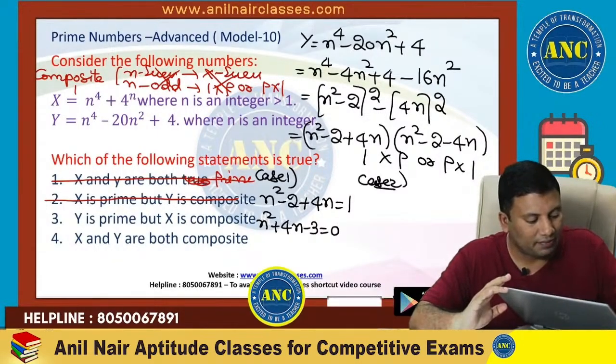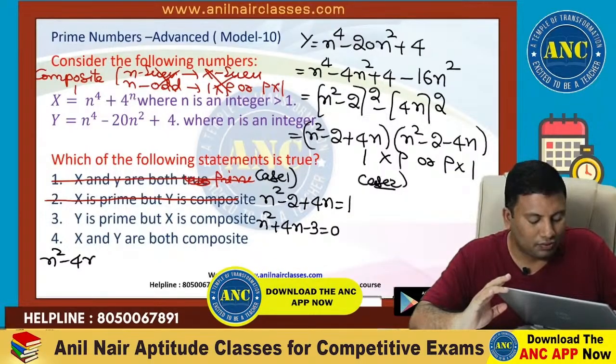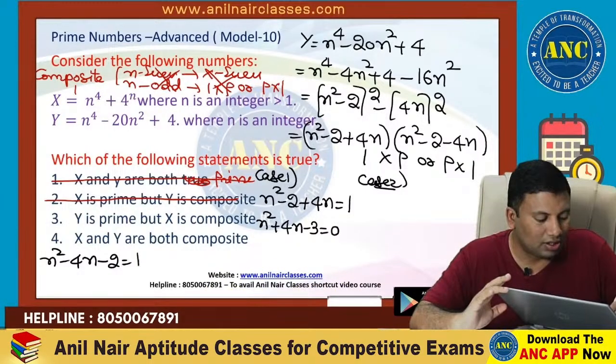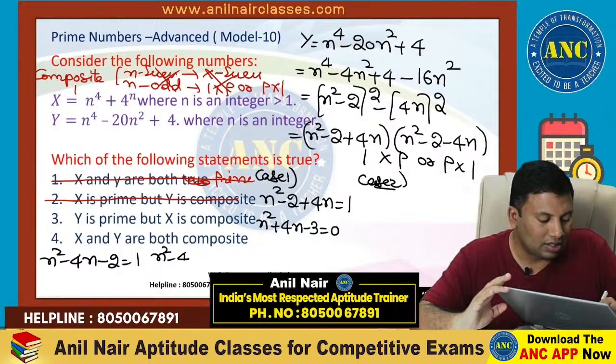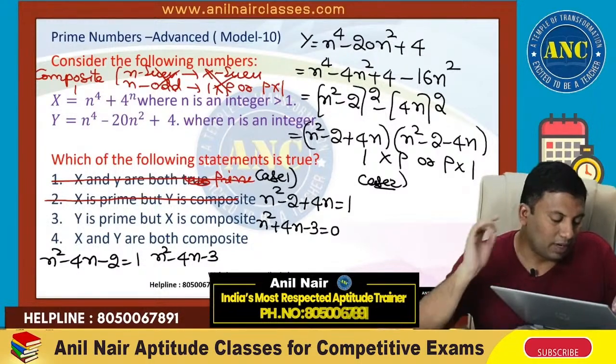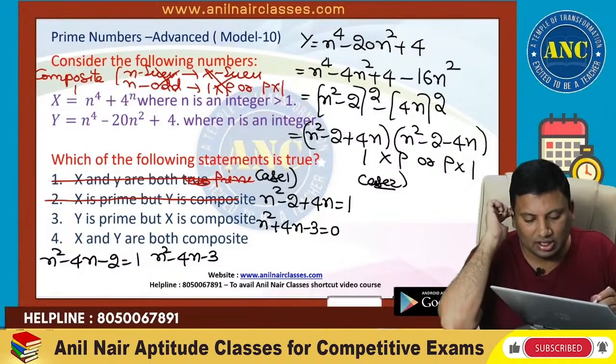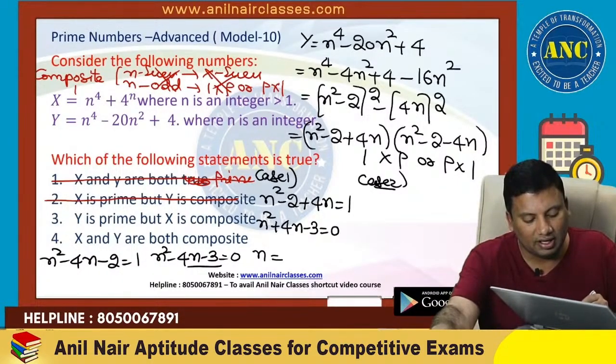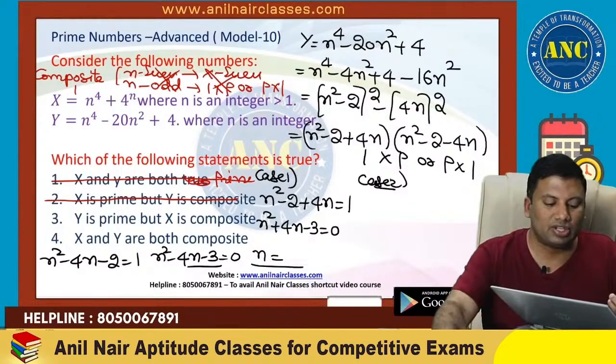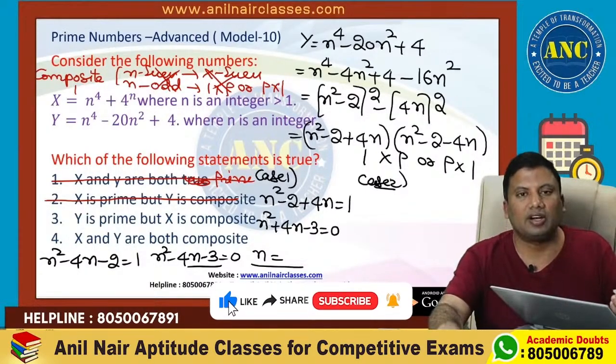If it is n square minus 4n minus 2 equivalent to 1, this is nothing but n square minus 4n minus 3 equivalent to 0. If you get any values of n, substitute and check. If you are not getting any, then x and y are composite.